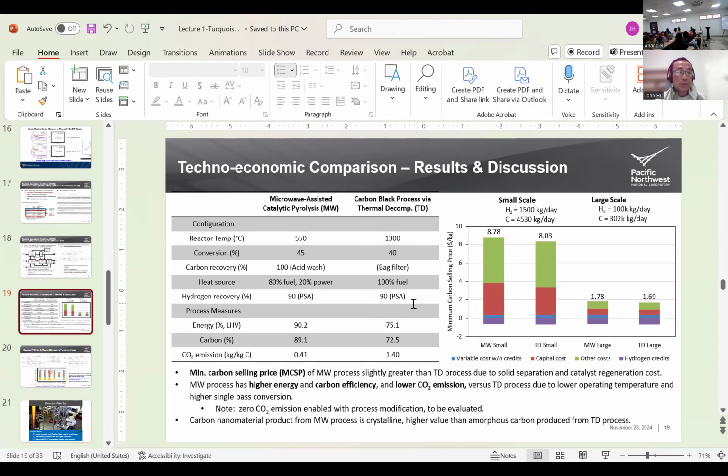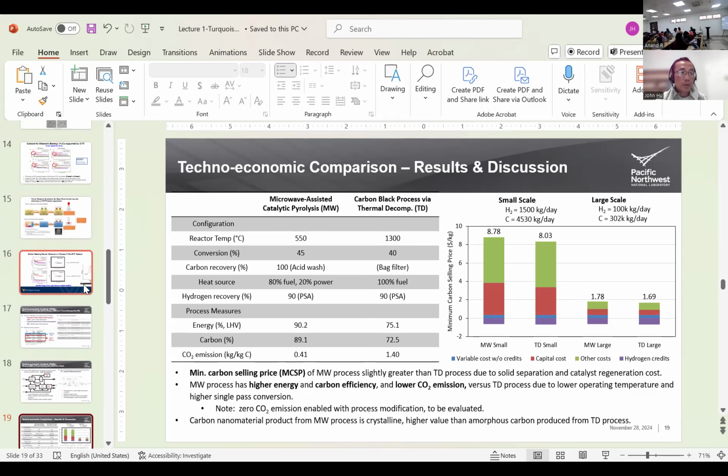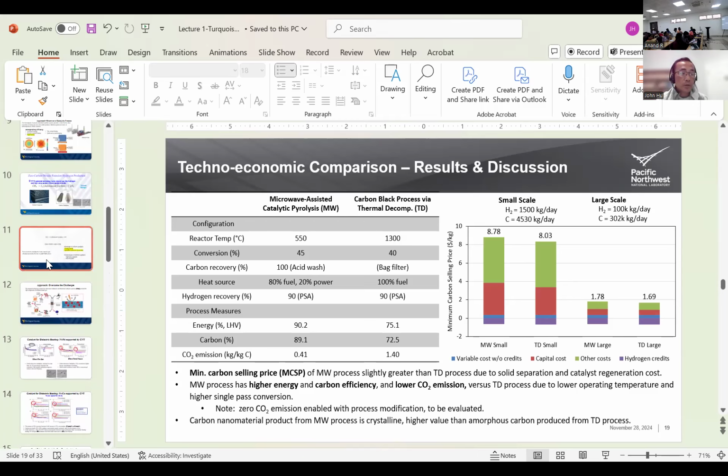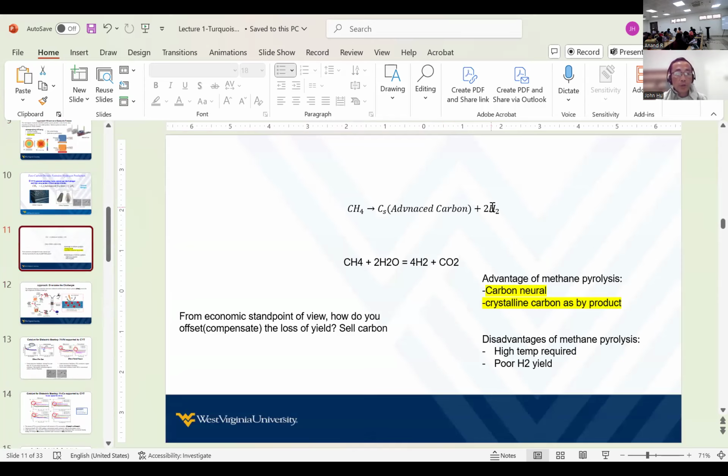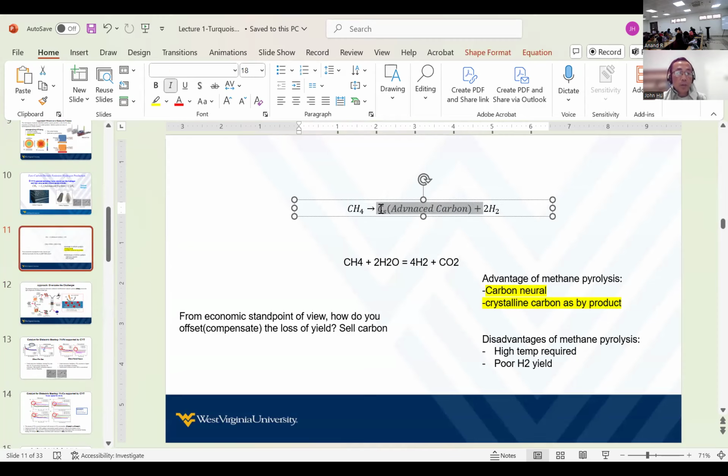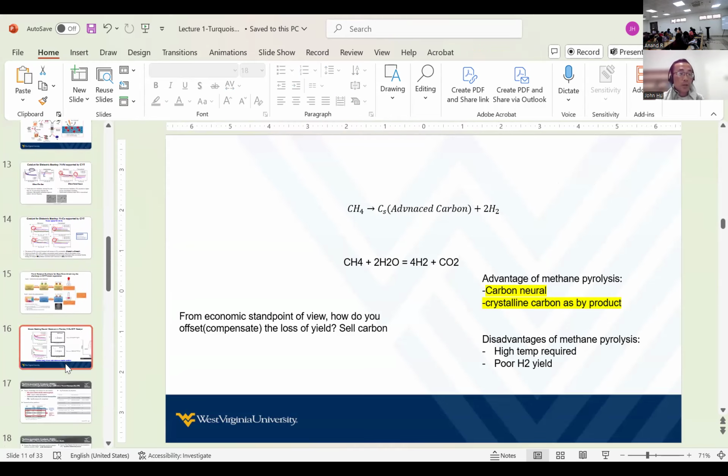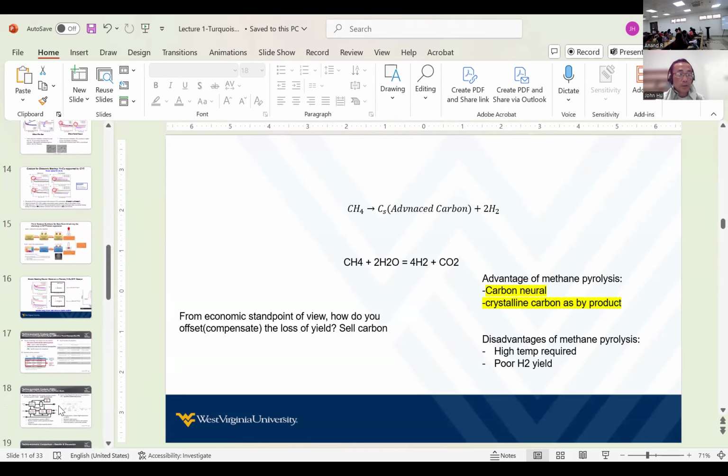Remember, in methane pyrolysis we produce hydrogen and carbon. So for the economic analysis, by assigning a hydrogen price, we want to know the price of the carbon we need to sell in order to make money or break even. Okay, so that's the result of the techno-economic analysis.